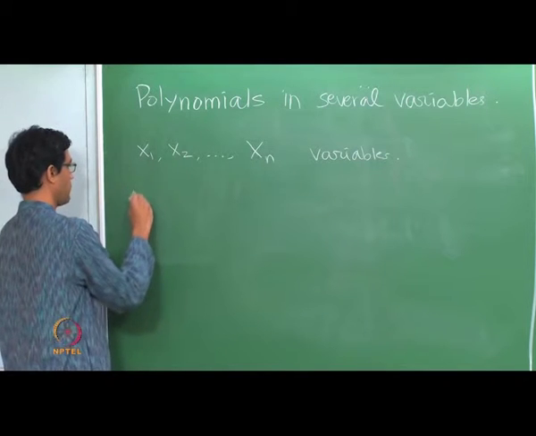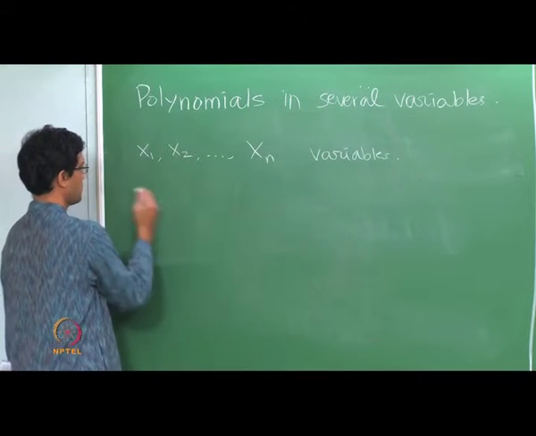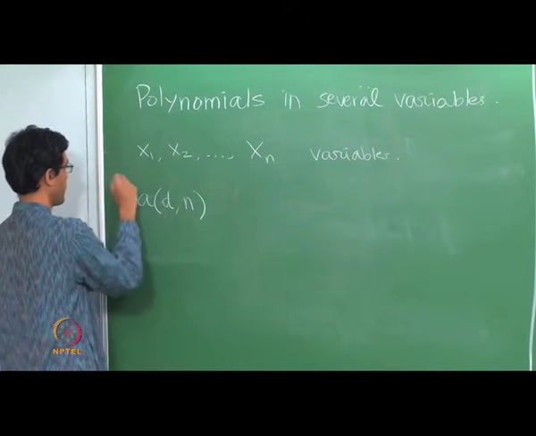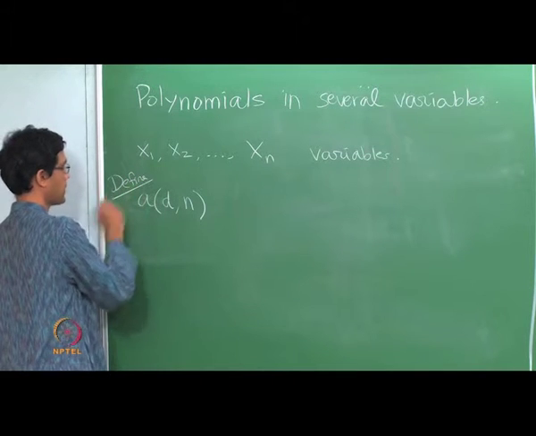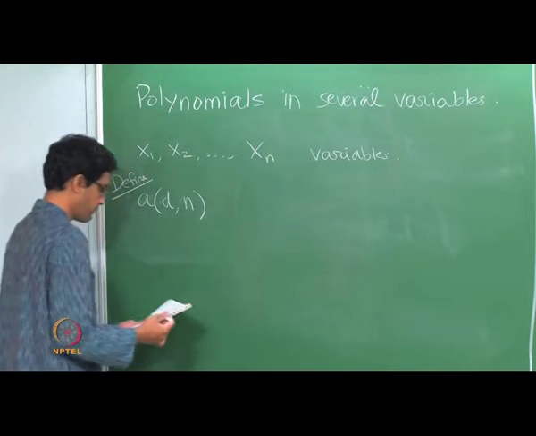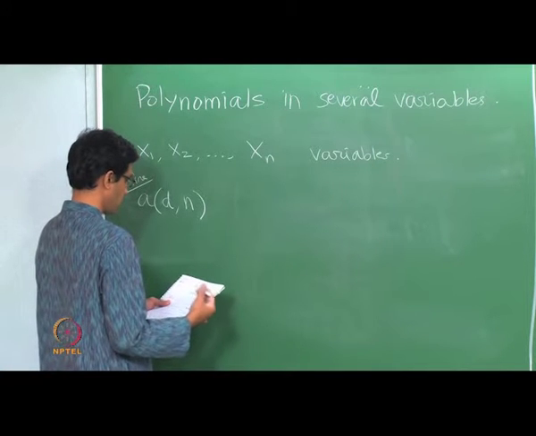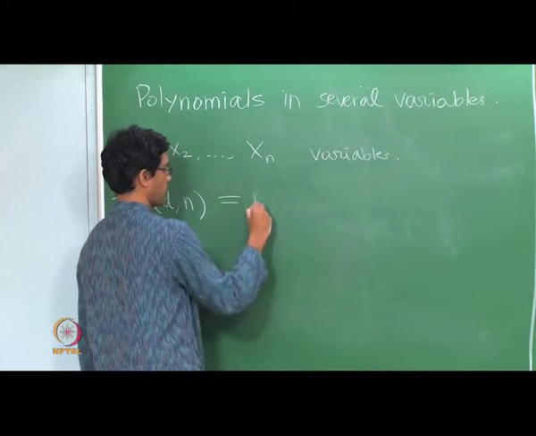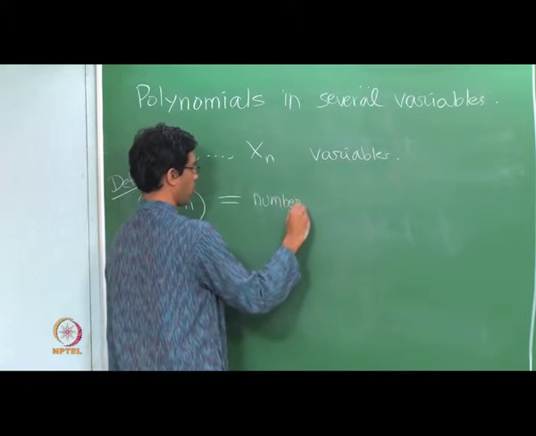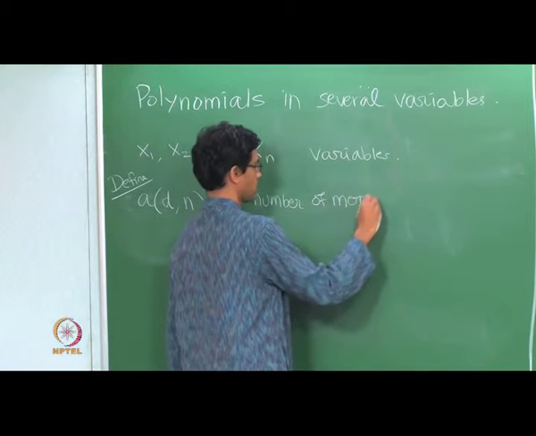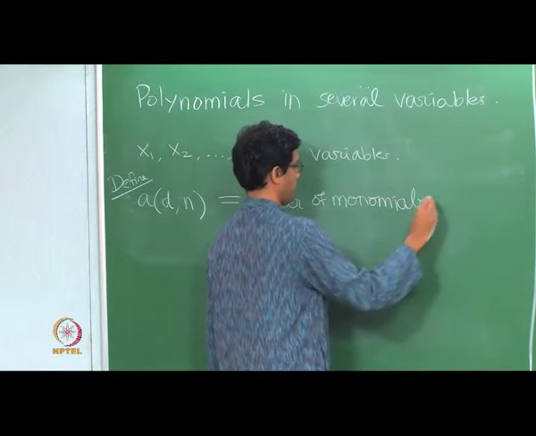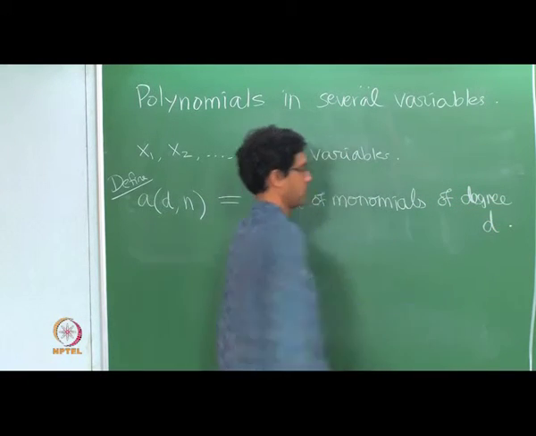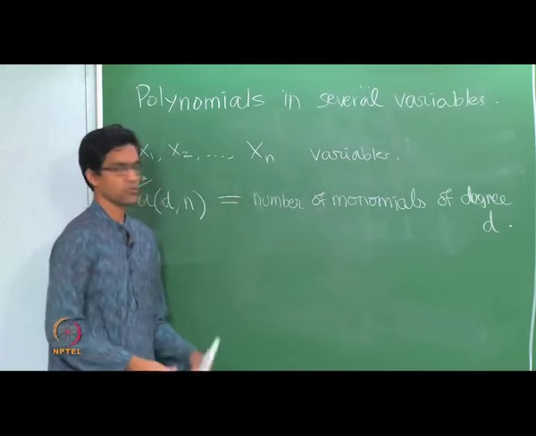We gave this number a name, let us call it a d comma n. For each d positive, we defined a number called a d n, which was defined to be the number of monomials of degree d in these n variables, of course.